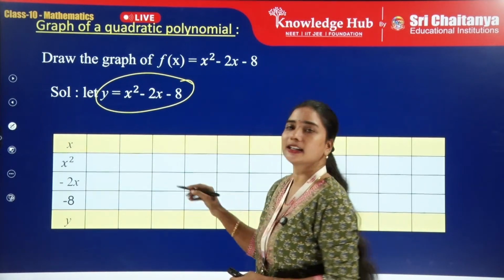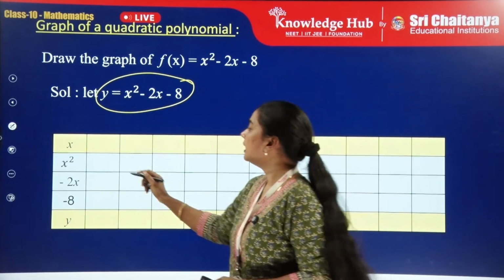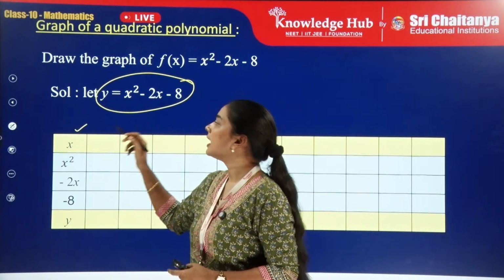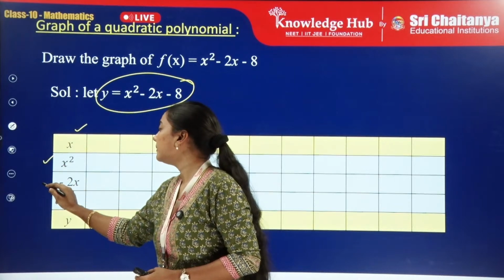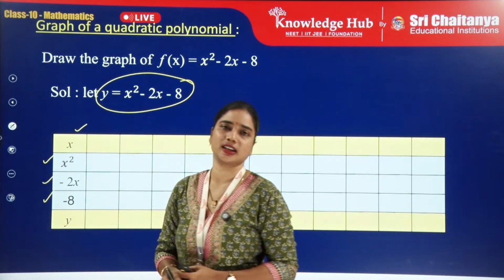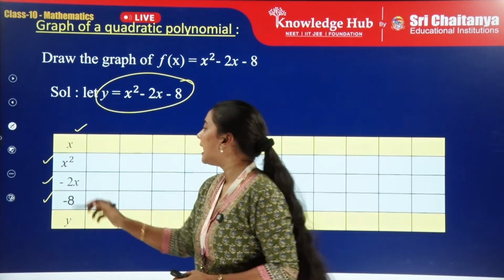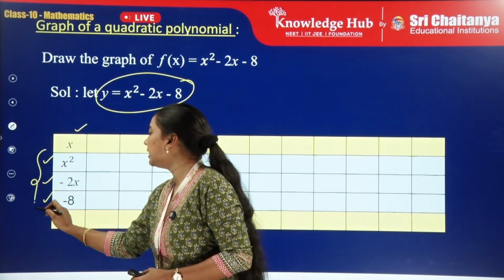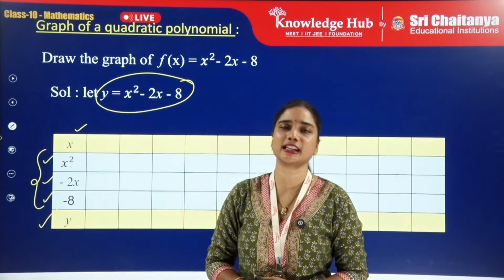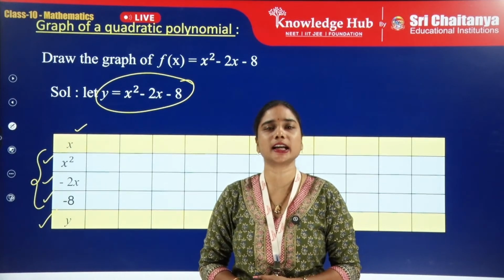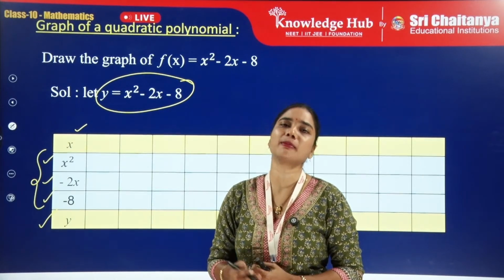For that, consider a table: take the x value and the terms in the polynomial, x², -2x, -8. Take these down and add these three terms to find the value of y. It will be much easier for you. If you do it directly, there might be a chance of making mistakes.